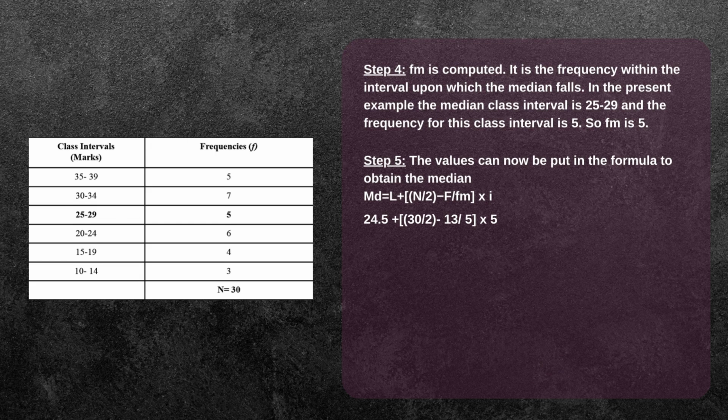In this distribution the class interval is 5. So, with this we can calculate the median score, and you get the median score as 26.5.